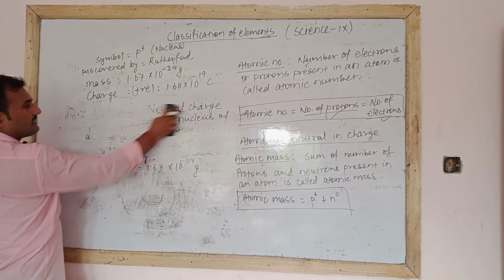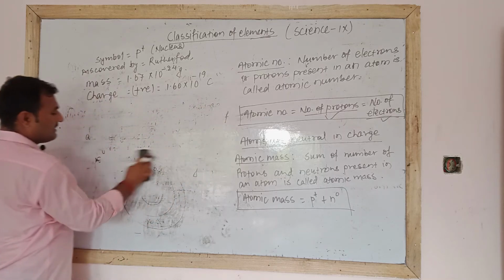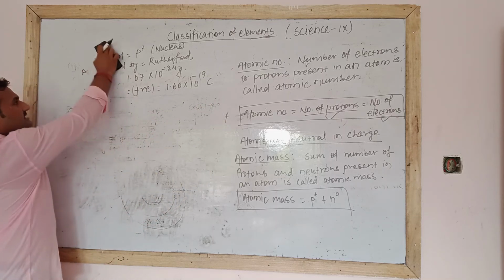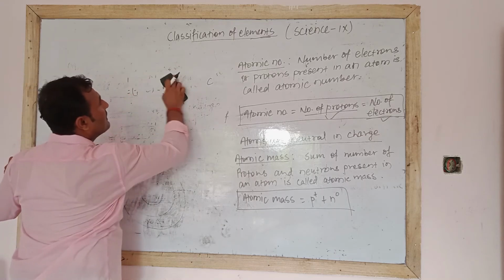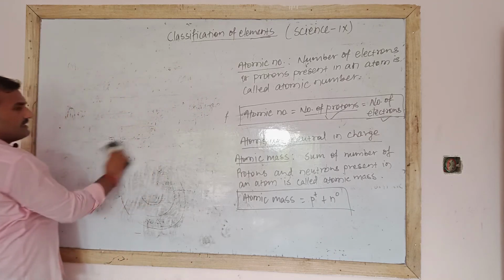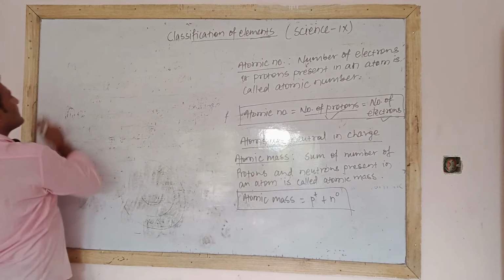In an atom, generally the outermost shell remains incomplete. Therefore, atoms are unstable in nature. What is the nature of atoms?